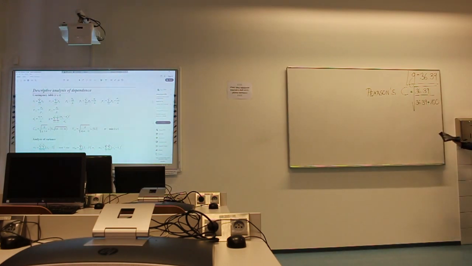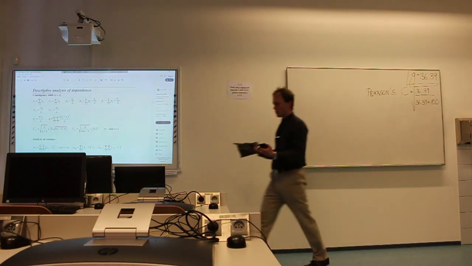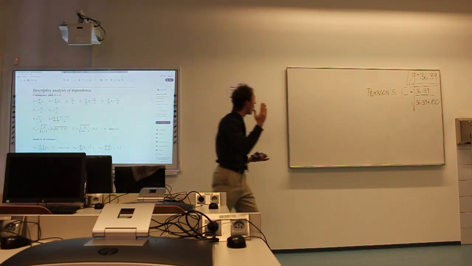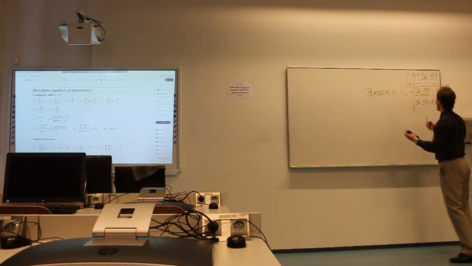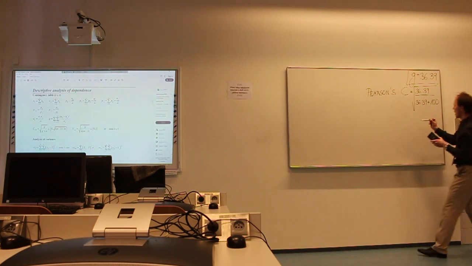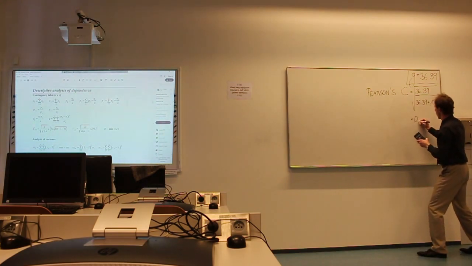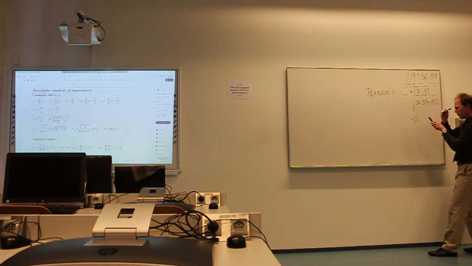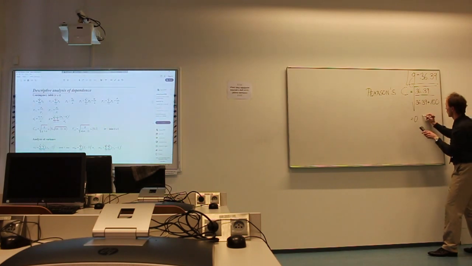Yes, we can calculate Pearson C, but we must know what the result means. So 36.39 divided by 136.39, square root. Okay, result 0.5165.